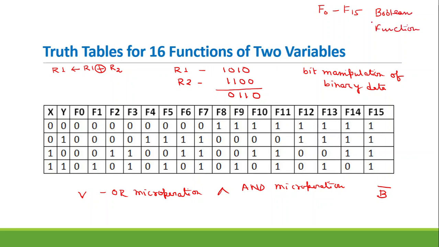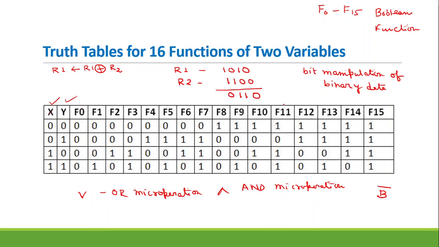These are the possible Boolean functions for the two variables x and y, and from F0 to F15 these are the 16 different functions.